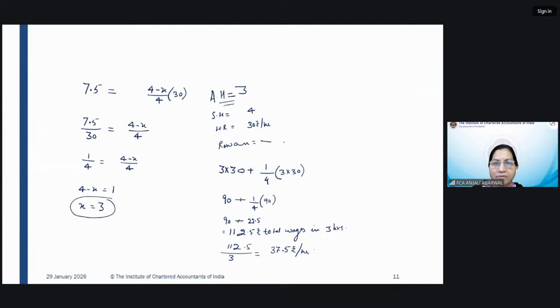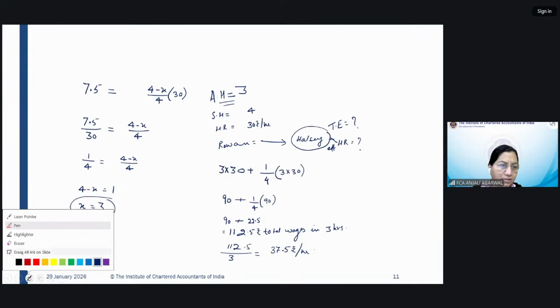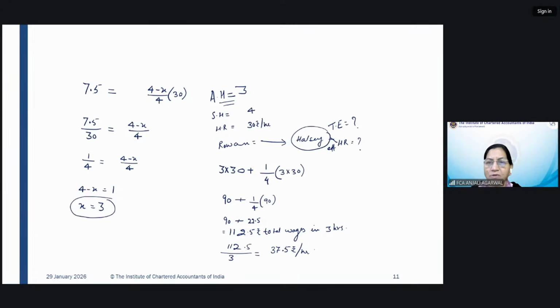So if this Rowan changes to Halsey plan, what would be the total earnings and what would be the effective hourly rate for this particular worker? Giving you 1 minute to solve it. Use this information, but apply the Halsey incentive plan.